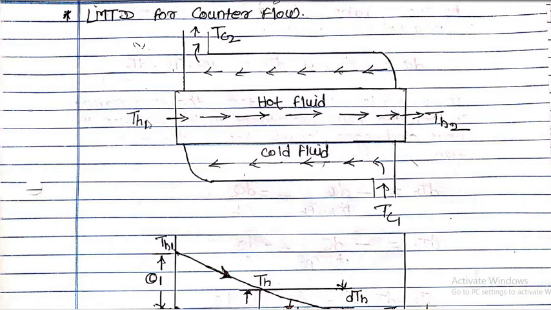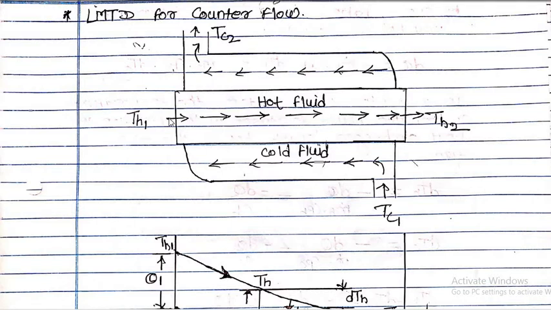The inlet temperature of the hot fluid is TH1 and the outlet temperature of the hot fluid is TH2. The cold fluid enters from this direction, so the directions of flow for the hot fluid and cold fluid are opposite to each other.